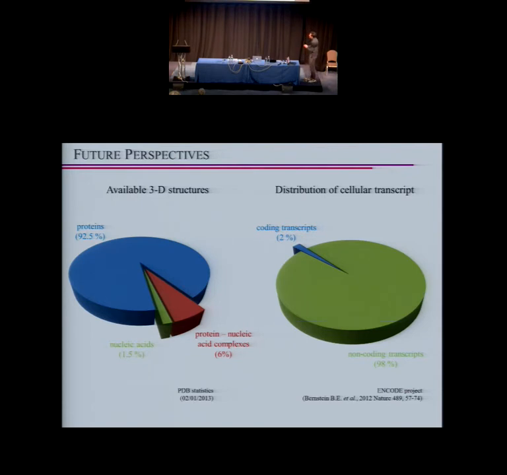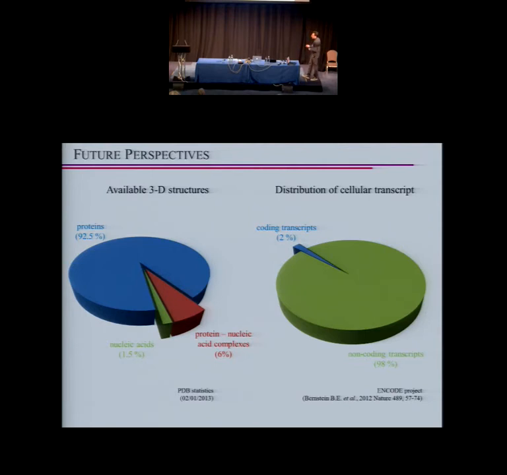Right now, the scenario on the databases is that there are very few nucleic acid structures, a wide minority, with respect to the situation that is true in the cell, where there is a wide abundance of non-coding transcripts.